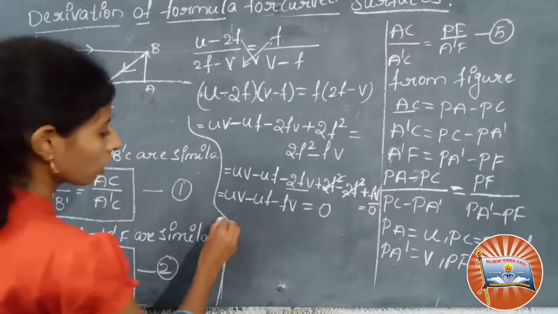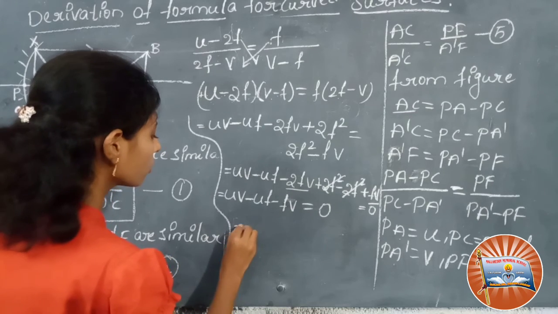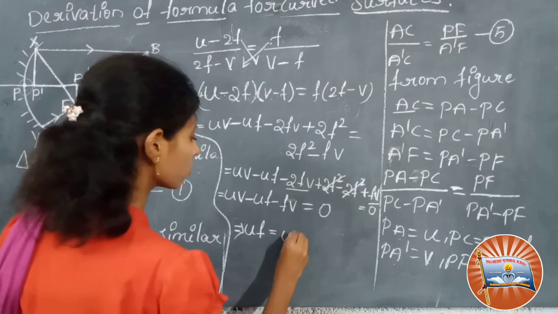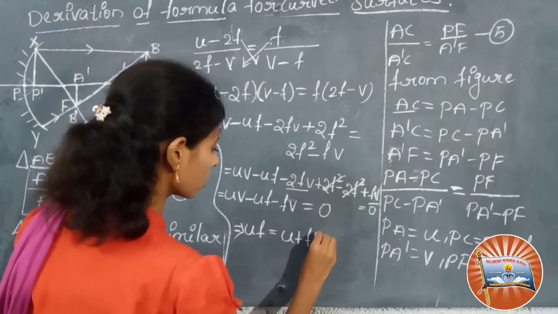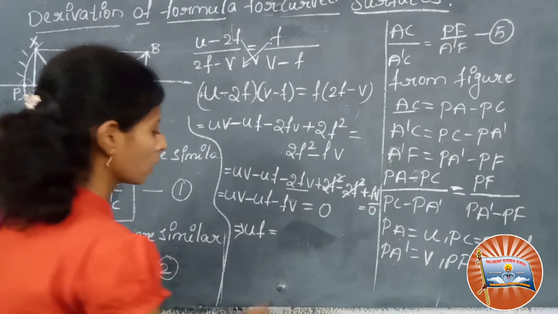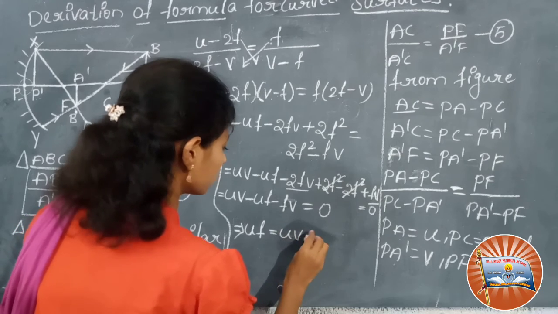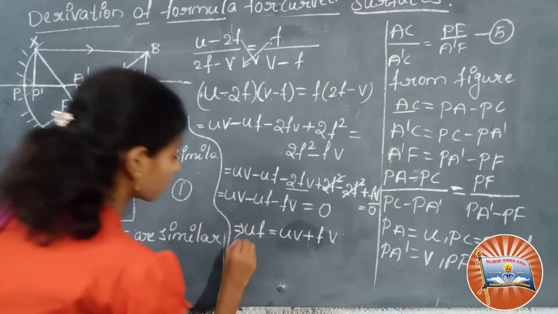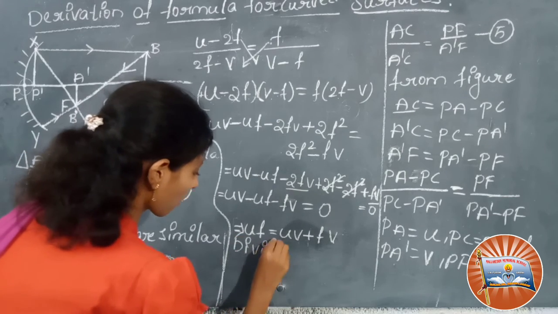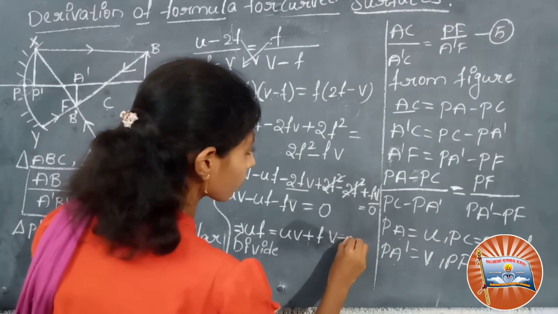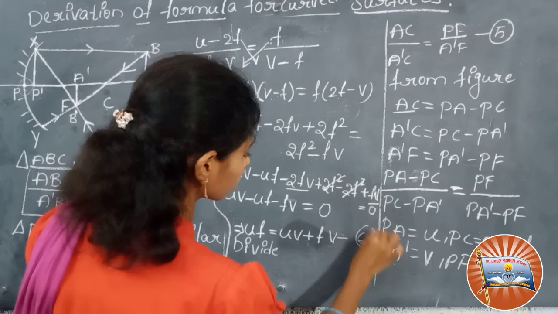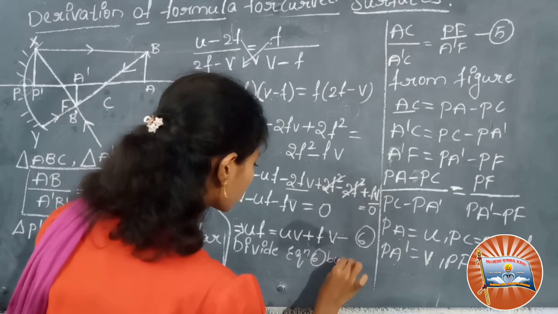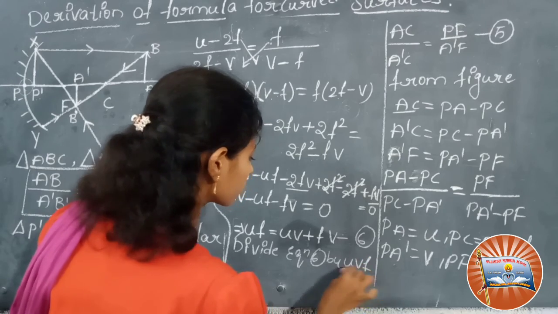Now here I want to take UF to the other side. So UF is equal to UV plus fV. Assume this is equation 6. Divide equation 6 by UVF.